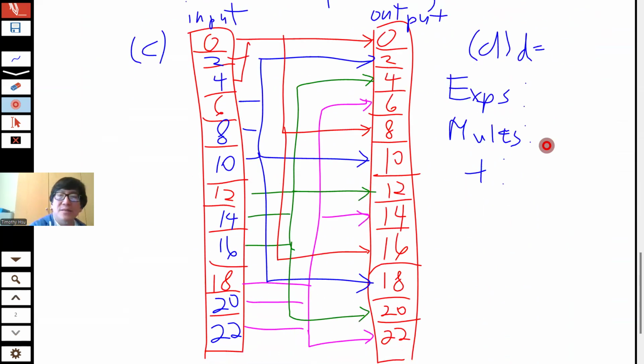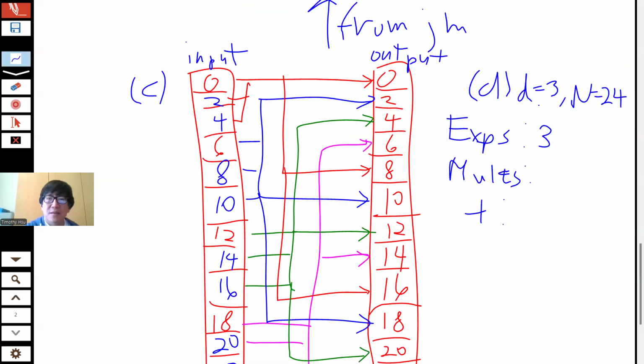Anyway, so D is 3, and capital N is 24, as mentioned several times.